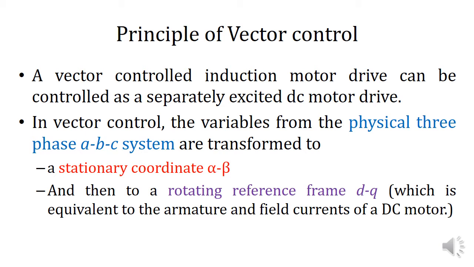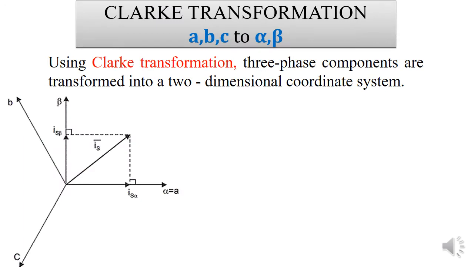Now let's see how these transformations are done. The first phase of transformation is known as Clarke transformation. In Clarke transformation, the system of currents ABC are transformed to a system of currents alpha beta.